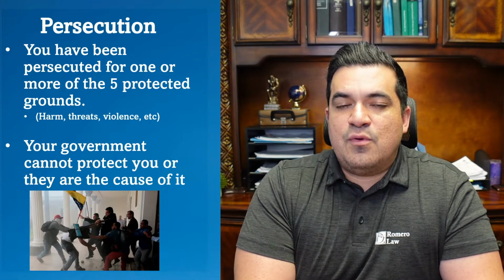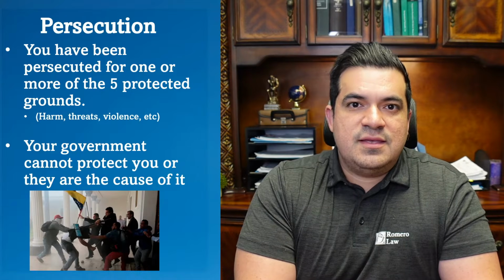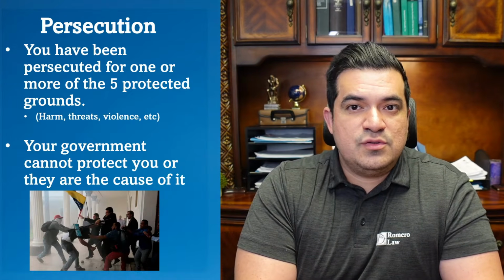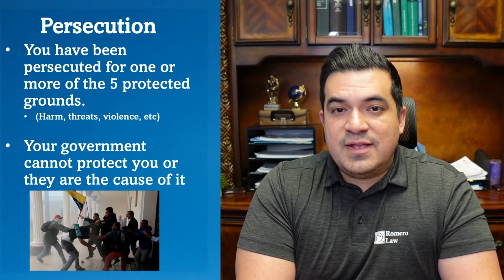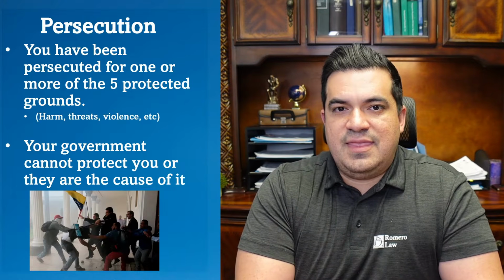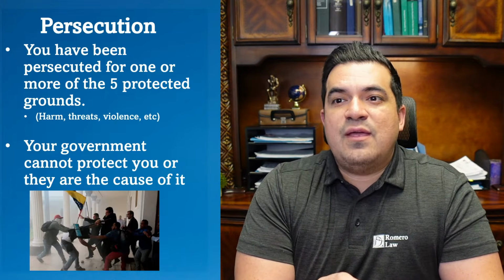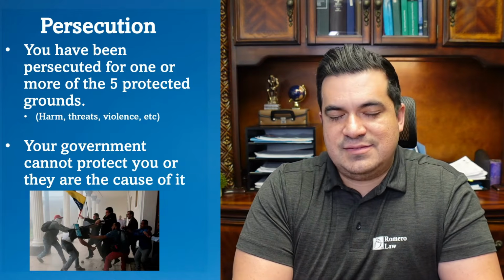This means we were harmed because of political opinion, gender, race, religion, or a particular social group, and that it was harm, threats, violence, rape, something significant that happened to you, or that it will happen to you in the future if it didn't happen to you in the past.